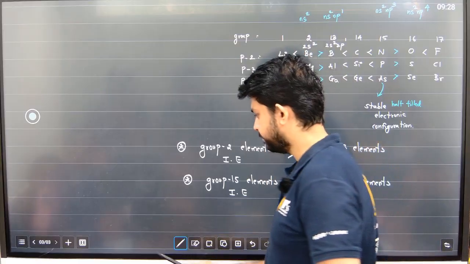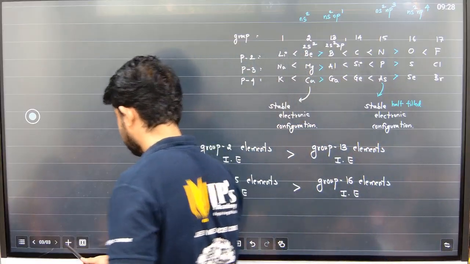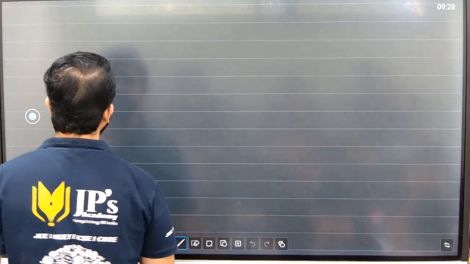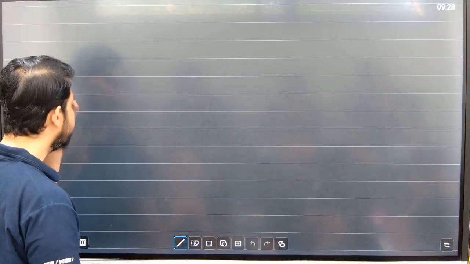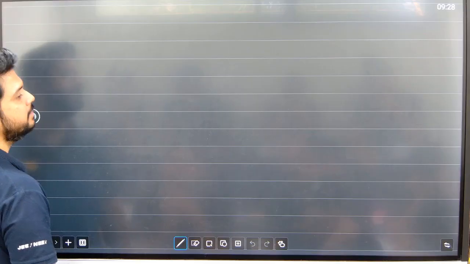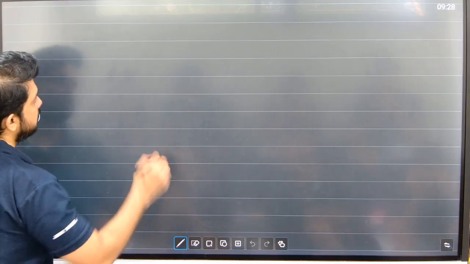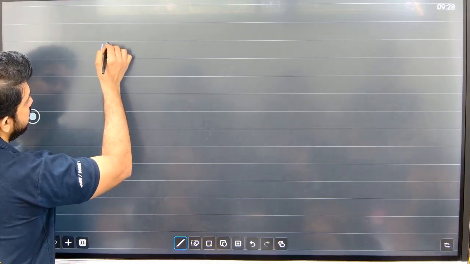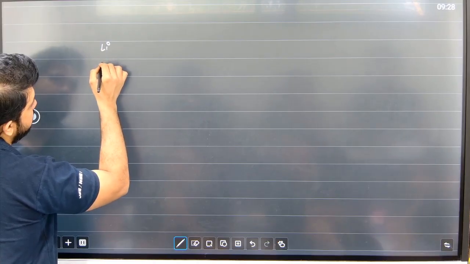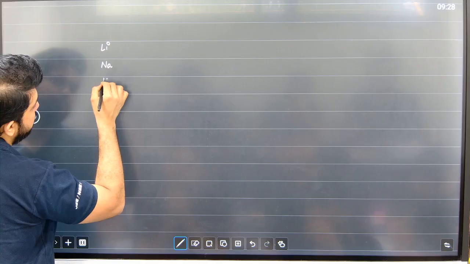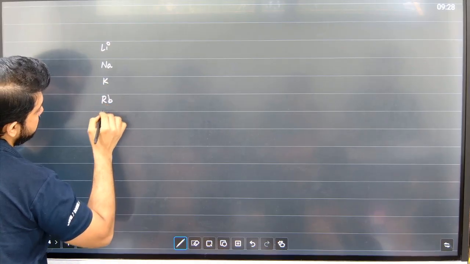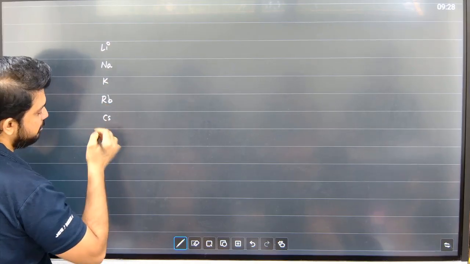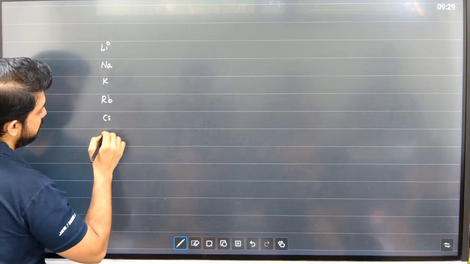Next, can someone give me the elements of the first group? Alkali metals, lithium, sodium, potassium, rubidium, cesium and francium ने लिख रहे हैं, ठीक है?